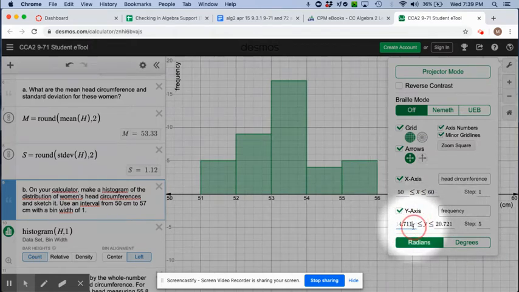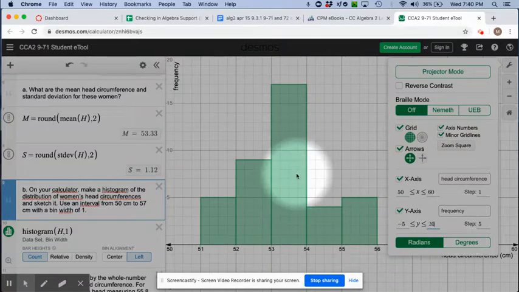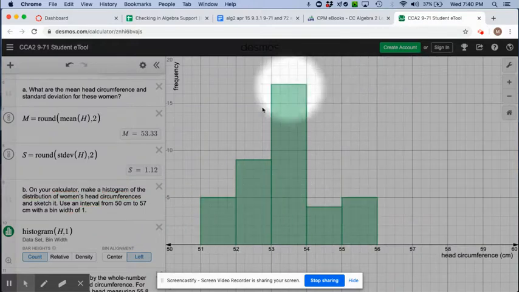And then for the Y values, you want to be looking maybe from like -5. And then it looks like our highest frequency is 17. So about 20 is a good place to go up to. If you want to see the X values here, you want to make your step size 1 so you can see all the individual values. So in case it doesn't show up like that for you, that's how you get this nice histogram.